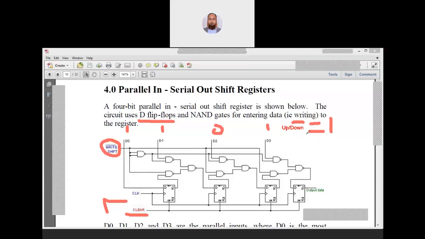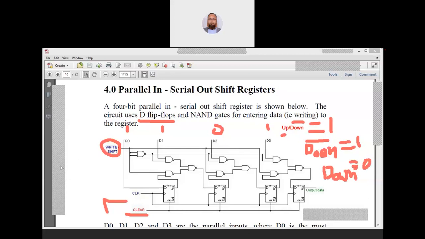When it is 1, down bar is 1, which means down equals 0. It means down is not enabled, so down will not work. In this signal we have written two things, but only one is performing at a time.